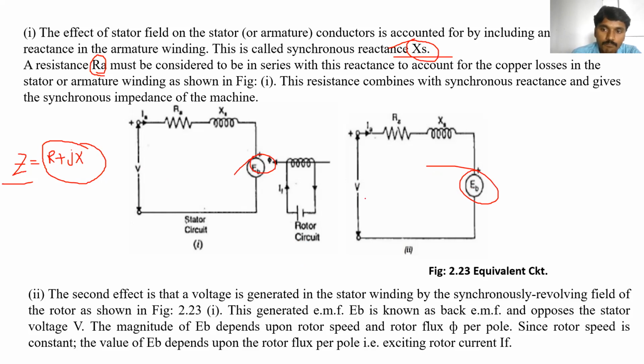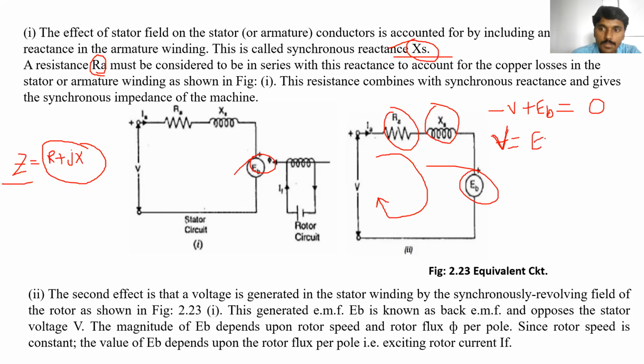Here you can write the KVL equation for this loop. If you neglect the voltage drop across the resistance and reactance, then minus V plus EB is equal to 0, so V is equal to EB.